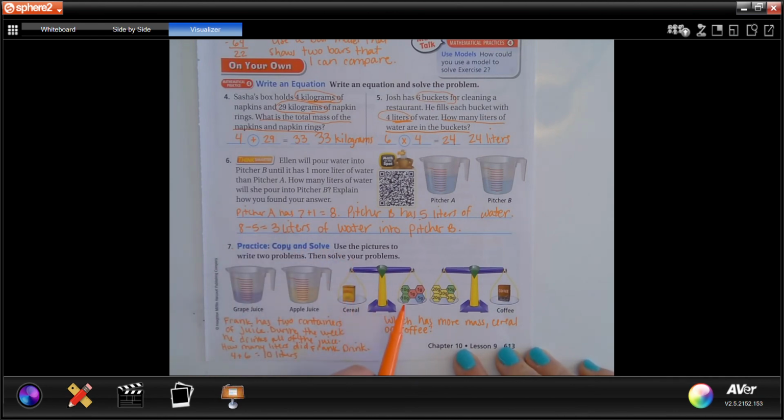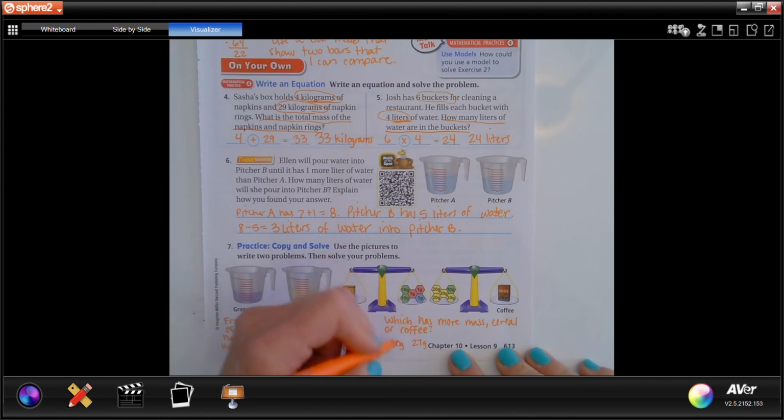The cereal has how much mass? 10, 20, 25, 26, 27. So 27 grams is the cereal. And how many is the coffee? 20, 40, 60, 80, 90. So which one has more?